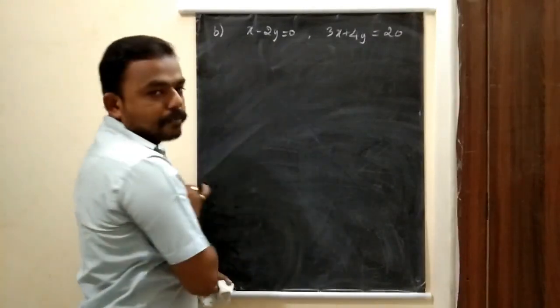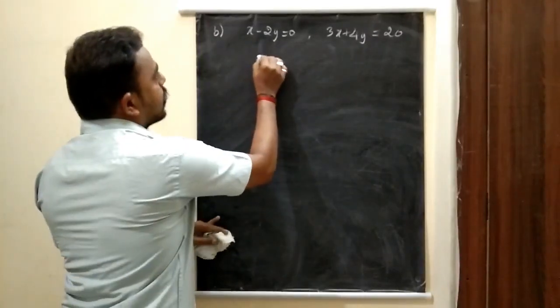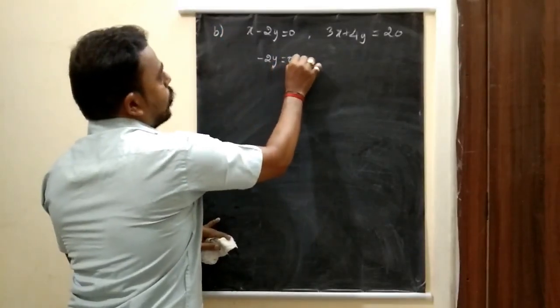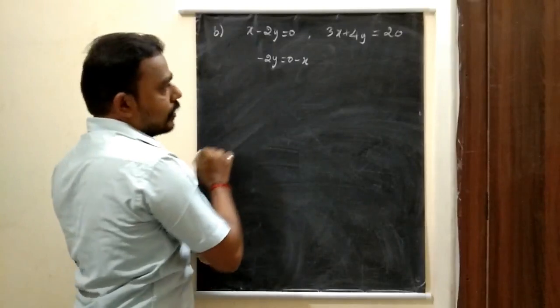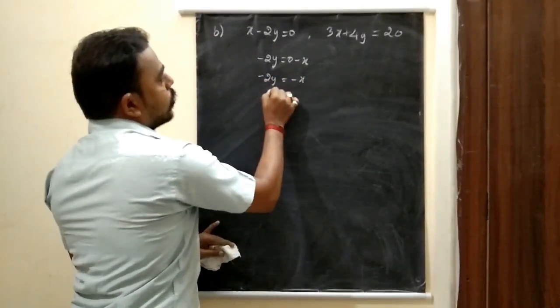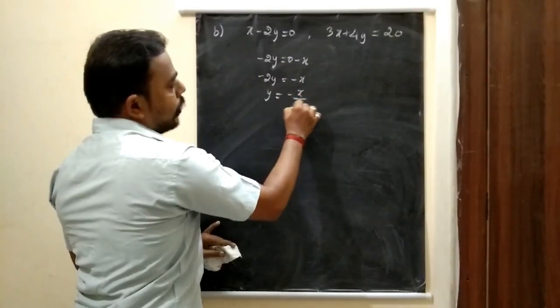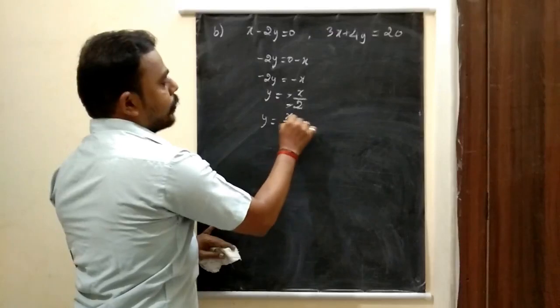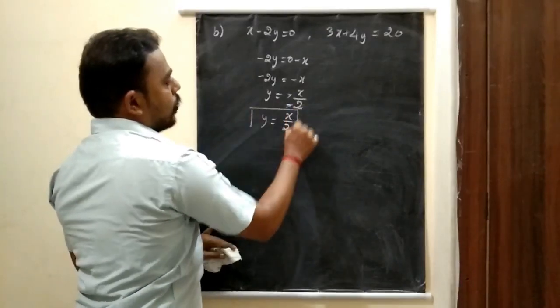For that, here I am going to write the equation as minus 2y. Minus 2y equal to 0 minus x. So minus 2y equal to minus x. So y equal to minus x divided by minus 2. So you can cancel the minus, so y equal to x by 2.